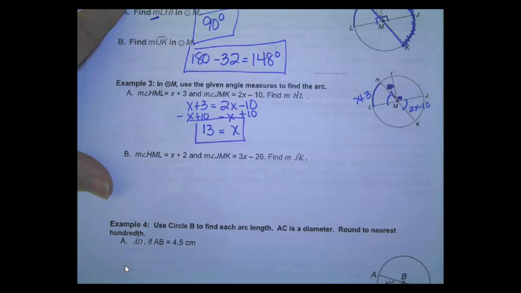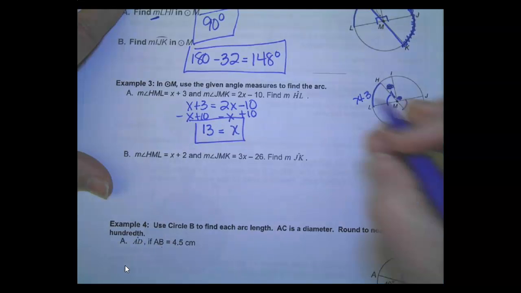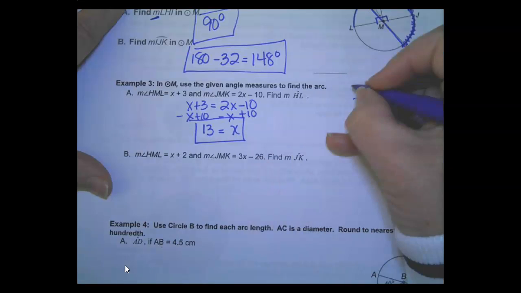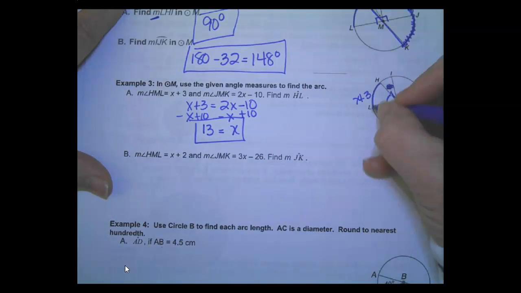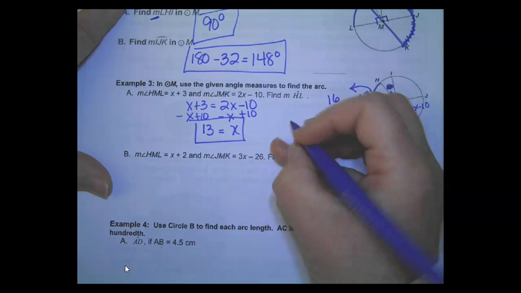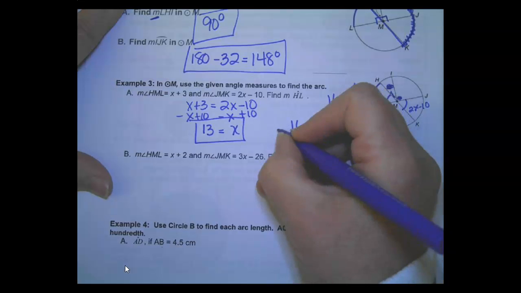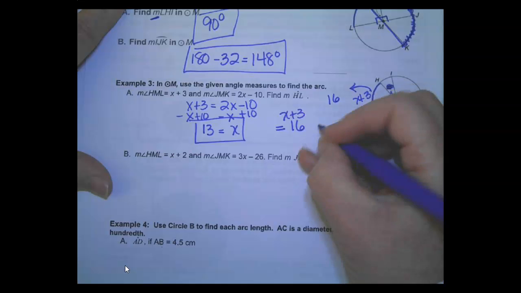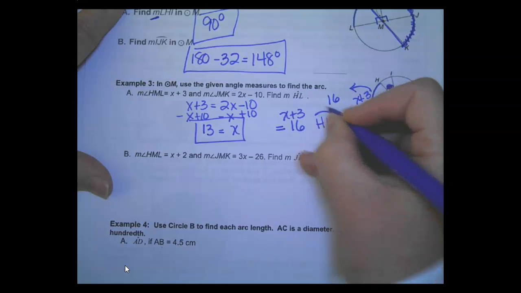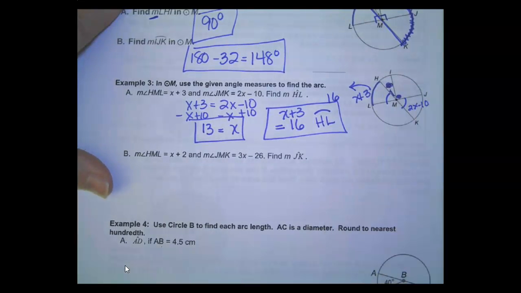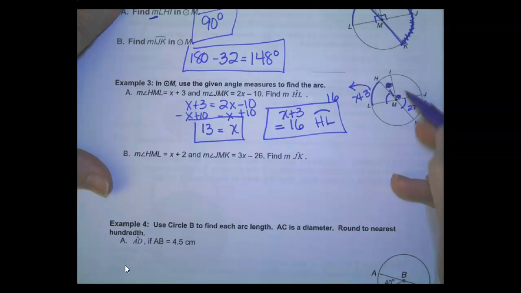So x equals 13. And so x plus 3 is 16. And that is the measure of HL, that arc. There you go. Yeah, that's right. I should have gotten rid of those because that would totally mess you up.